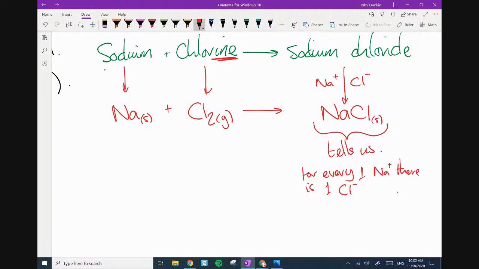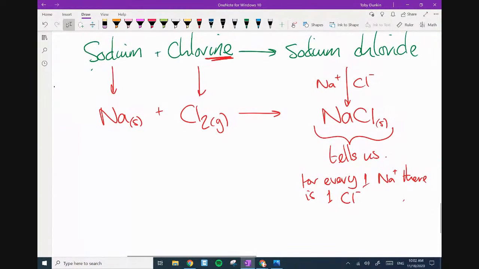That's what the formula is telling us. So what that means is we now need to balance it. There's 1 sodium on this side. There's an invisible 1 here if you wished, and there is 1 sodium over there as well. There's an invisible 1 there.